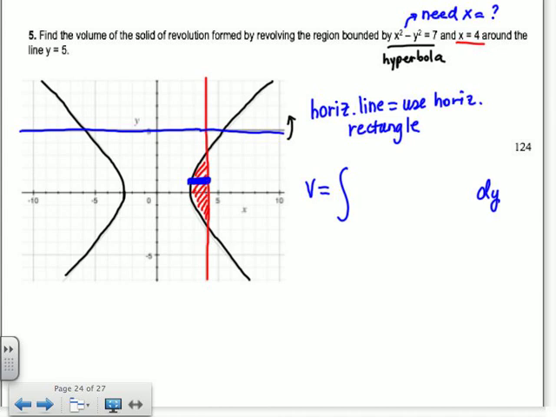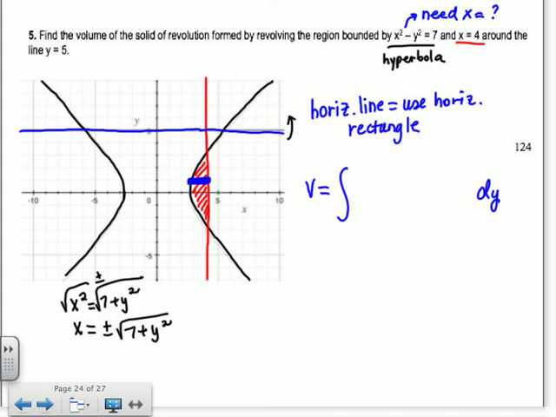So here we need to solve for x. I'm going to add y squared over, and take the square root of both sides. When I take the square root, you have to write plus or minus, right? So I have plus or minus the square root of 7 plus y squared. Let's think about it on our picture. When are my x's the positive ones?